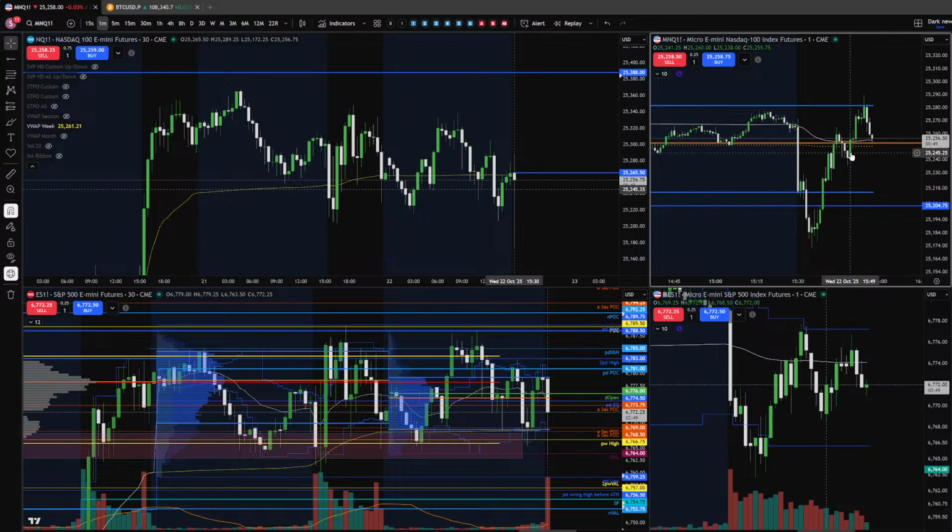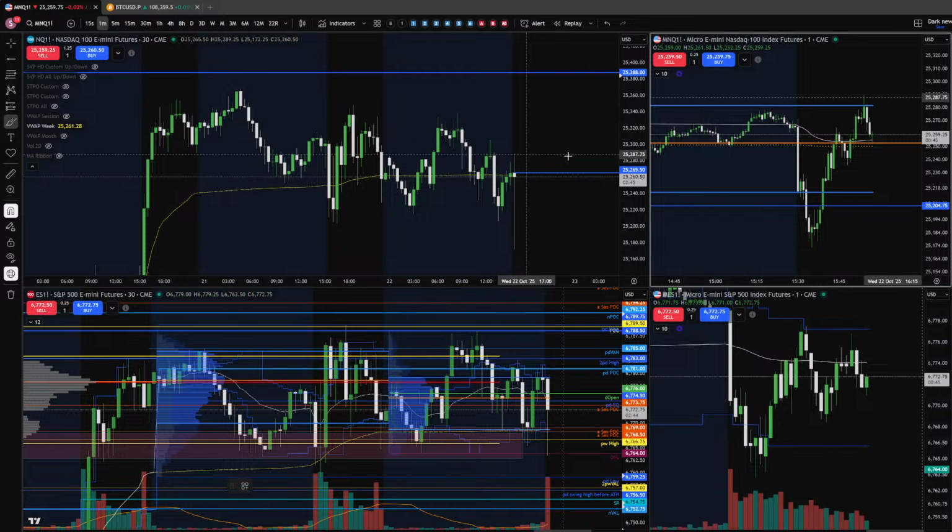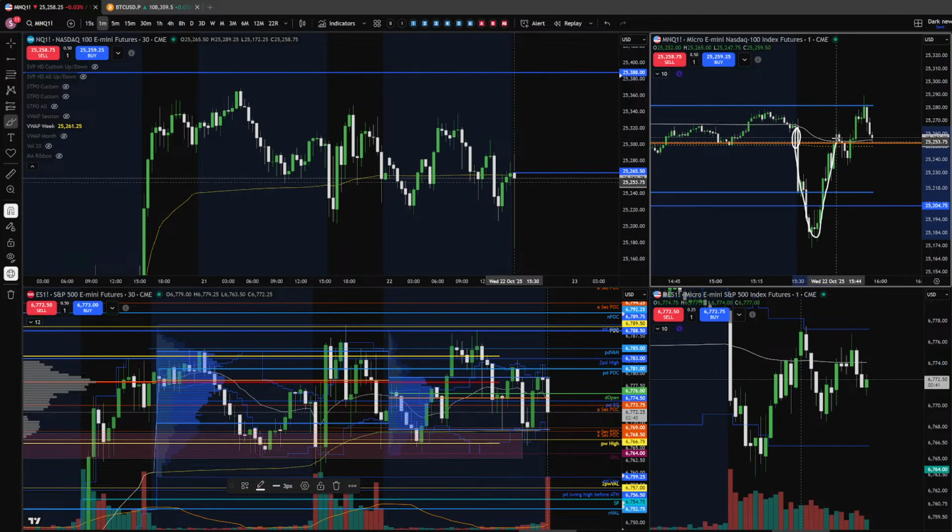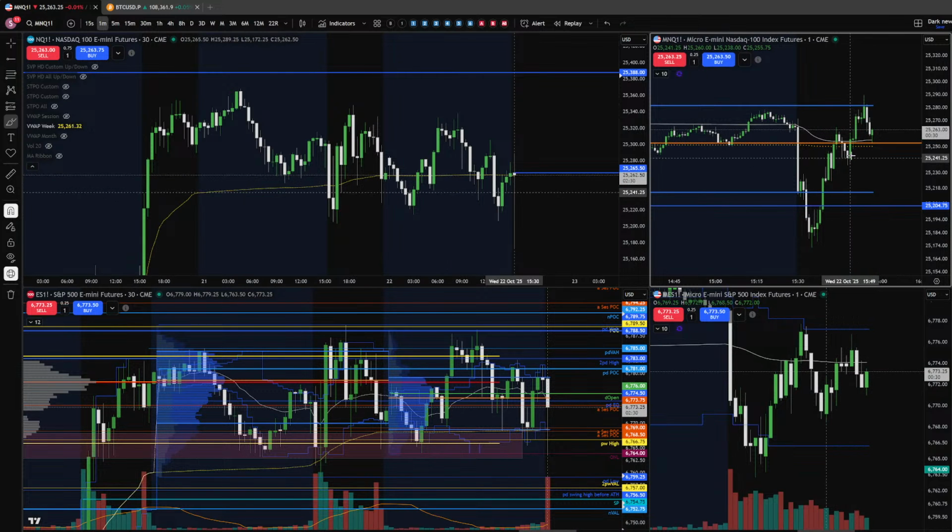I got induced in thinking that this might be an open test drive type of opening. And what could have been done better was to think that the bigger picture that we were talking about previously is more important.